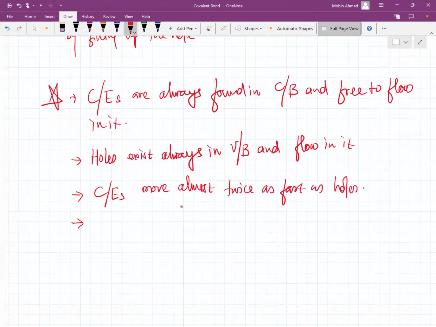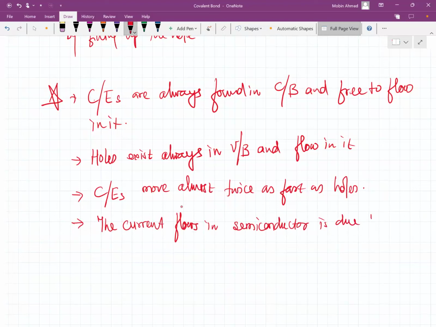Now, it is only in a semiconductor, not in a conductor, that the current that flows in the semiconductor is due to the flow of free electrons and holes.